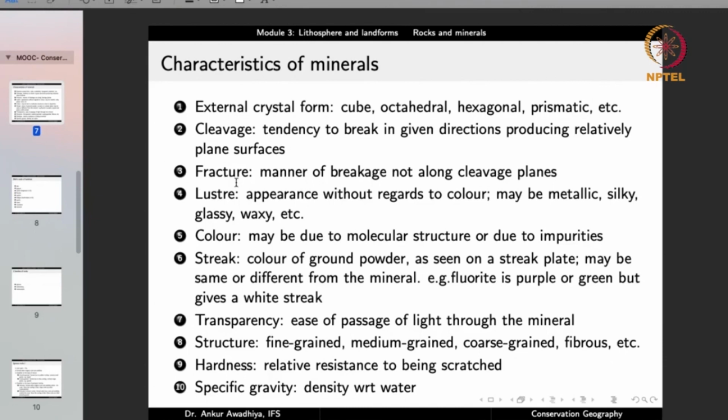Another characteristic is fracture, which is the manner of breakage not along the cleavage planes. So if you apply force to a crystal and it breaks in other directions as well, so you know about the cleavage directions, but what happens when you break it in certain other directions? That can also give you certain information about the mineral.